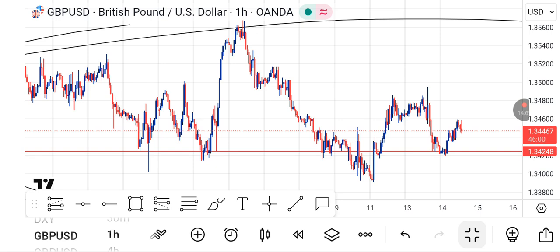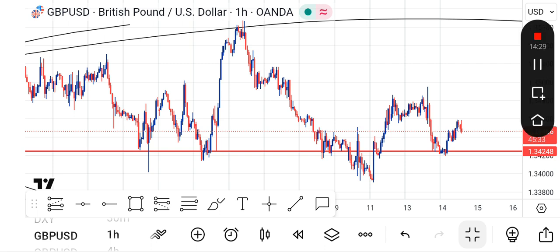If the market is in a buying trend, you can look for buying opportunities in that direction. If it is a bearish trend, you can look for selling opportunities in that direction. That is how it's supposed to be. Not that you just open the chart, go straight to a lower time frame like 15 minutes or 1 hour, and start looking for opportunities to trade, which is not supposed to be so.